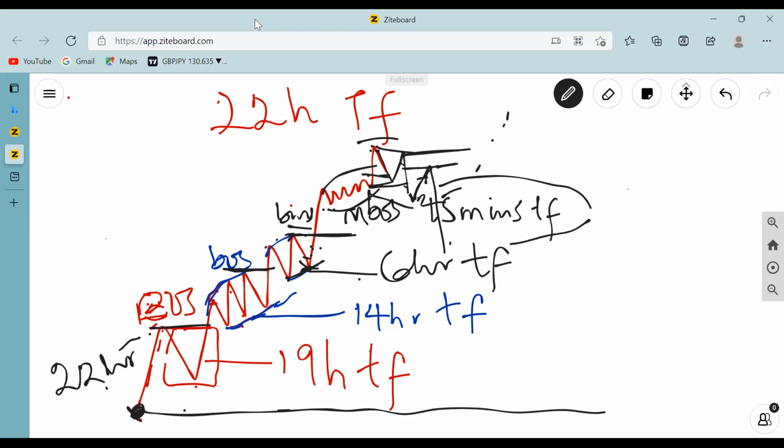Market can use the Caesar structure to continue the whole range structure of the 22-hour, that is, from the time we break from this external liquidity, all we have been having are considered range structure. So market can use the Caesar structure to give a higher high for an even bigger range structure or a bigger picture. Is that understood? It can happen. So that is why we need to follow accordingly.